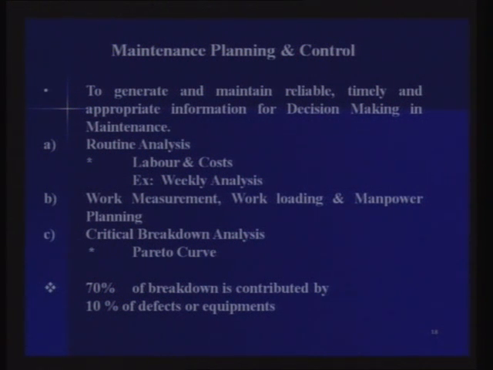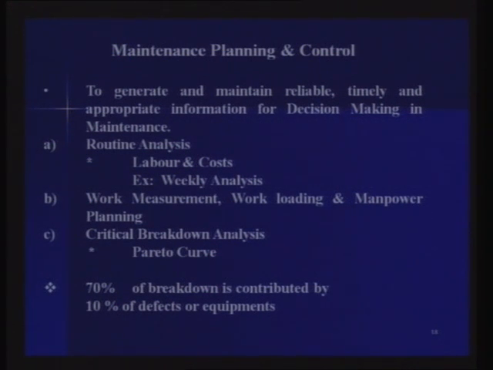Then second is work measurement. That means how much time we should have spent and how much time we have actually spent. So work measurement, work loading, manpower planning. Then critical breakdown analysis. This means we should draw the Pareto curve.